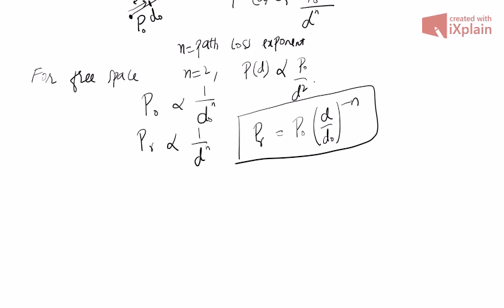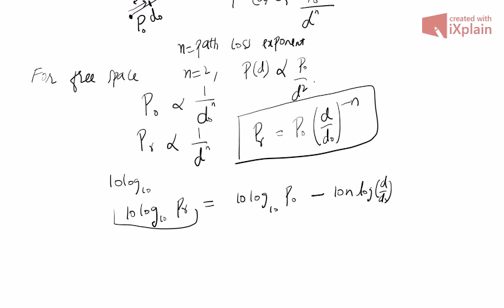So if I take 10 log to the base 10 on both the sides, I will get 10 log to the base 10 PR is equal to 10 log to the base 10 P naught minus 10n log of D over D naught. Because usually powers have large values, we prefer logarithm.